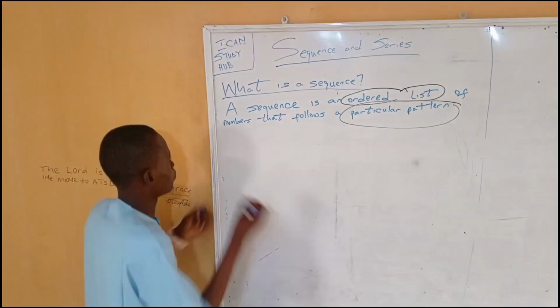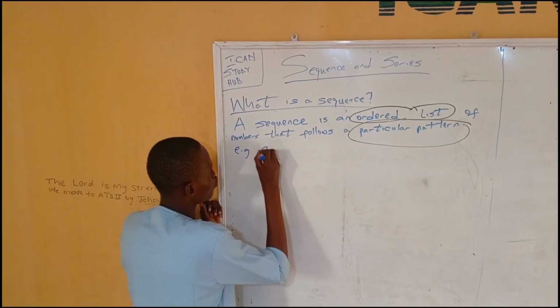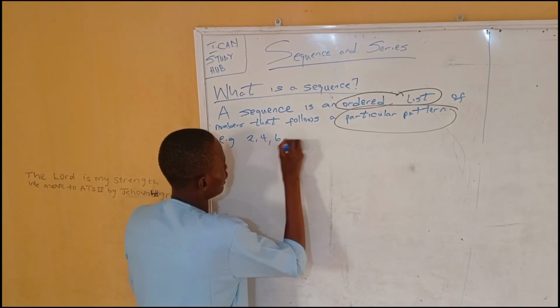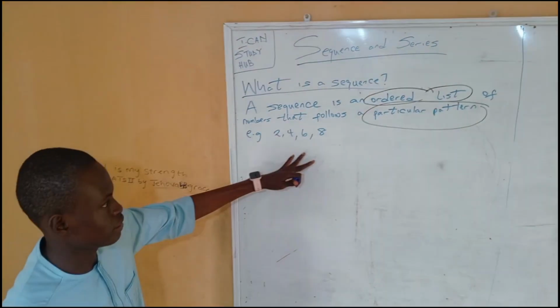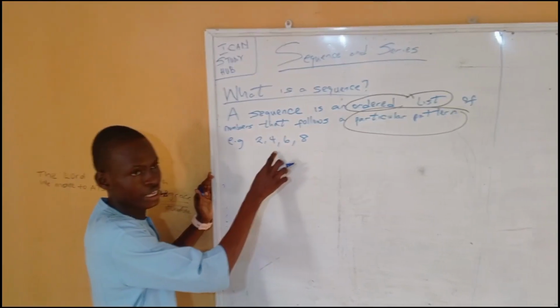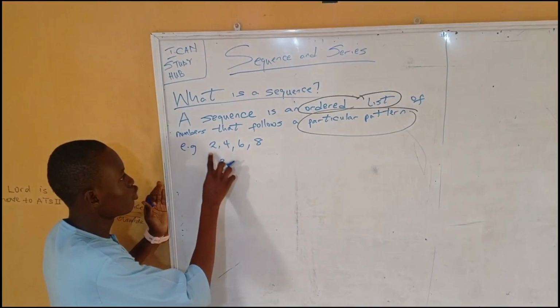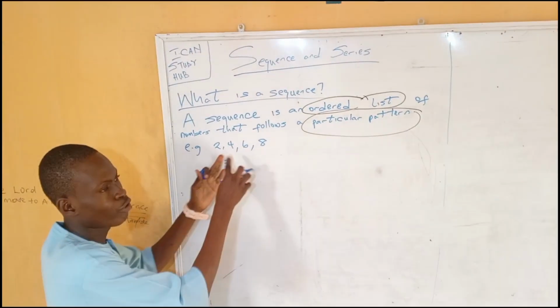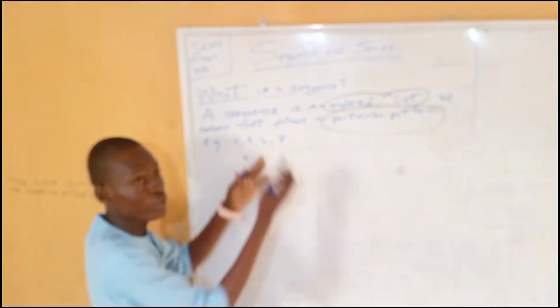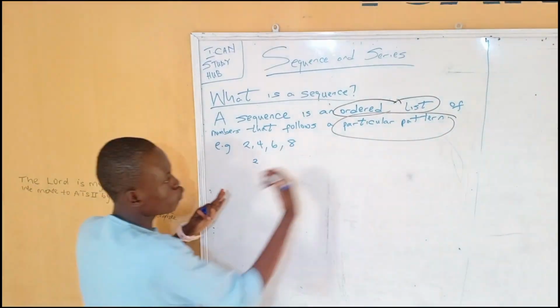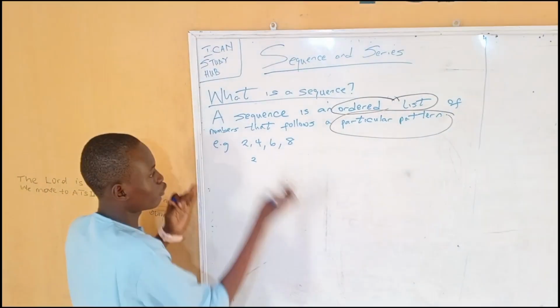Let's take this for example: 2, 4, 6, and 8. If you take a look at this, you see that the difference between each term is 2. So it has a consistent way: 2 plus 2 gives us 4, then 4 plus 2 is 6, 6 plus 2 is 8. It has a pattern which it follows.